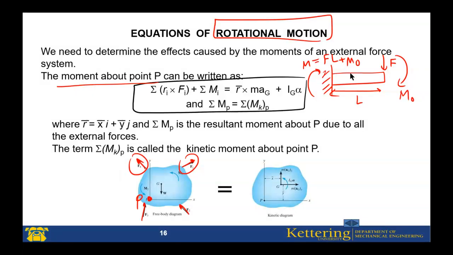Now, for this one, we want to find the moment of all the forces about P. This one is the moment of external forces. R multiplied by F. It looks like this. Distance multiplied by force. And because there are several forces, such as weight, the distance of the weight from the point P multiplied by the weight.